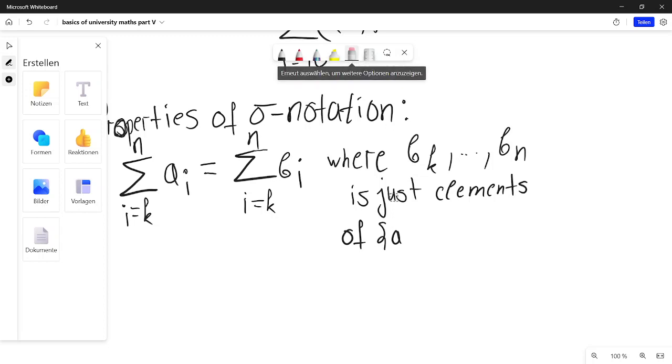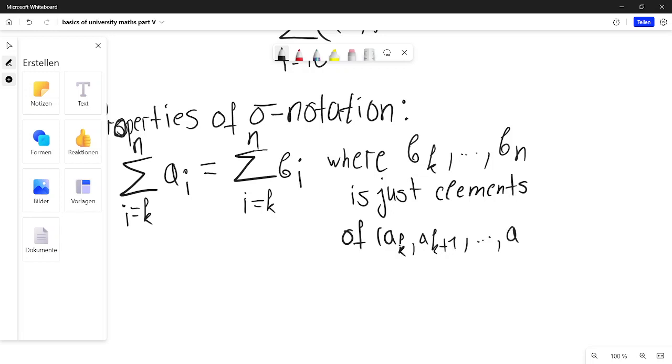I shouldn't write it as elements, so let's write it as an ordered tuple because there is some ordering, right? It could repeat, so I'm not allowed to write it as a set, because elements of a set could not repeat.